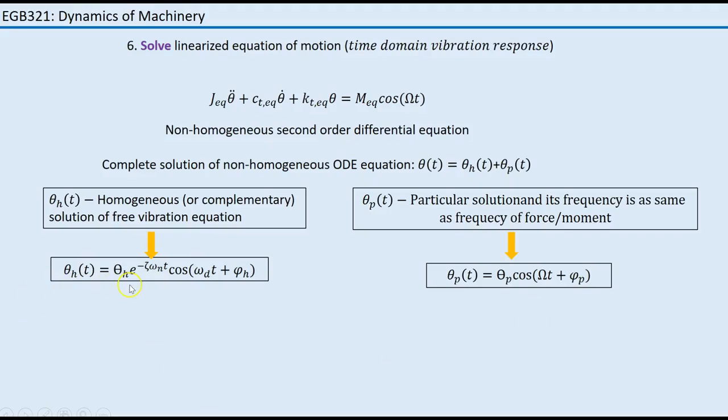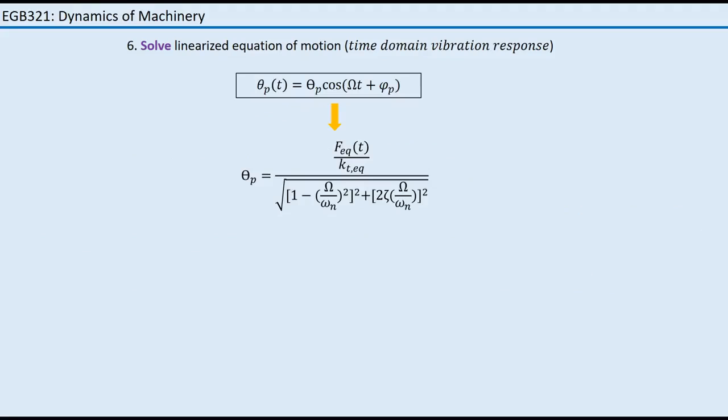So this expression actually decays after a while, whereas this expression continues as long as the force continues. So we are more interested in the particular solution. Now we want to know the amplitude of the particular solution, which is theta p, and which is given by this equation.